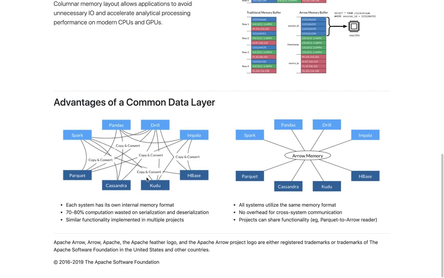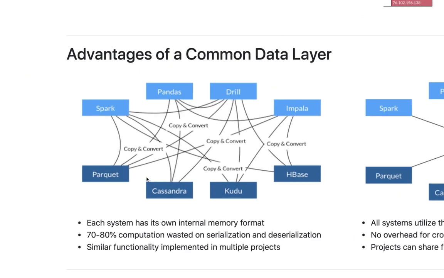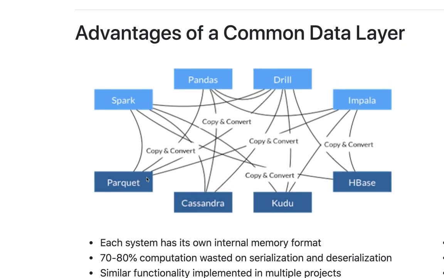And the other advantage of using Arrow, especially if you're familiar with Spark, is a problem that you will be familiar with. A lot of times, if you have just one system, just Spark, everything would be great and easy. Everything is in Spark, and why not, right?